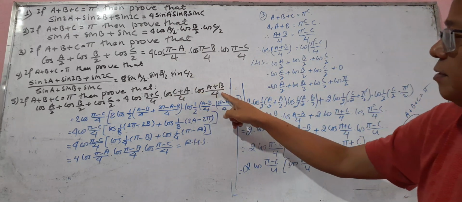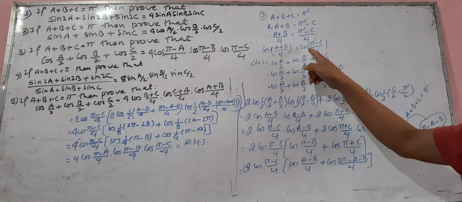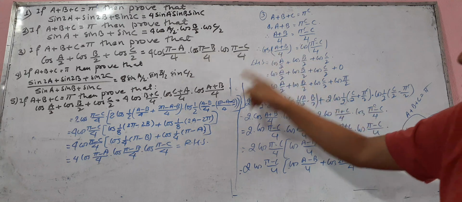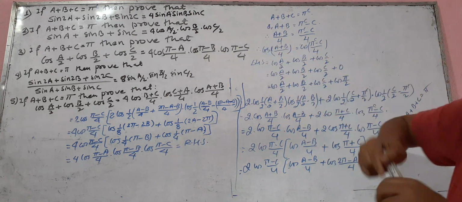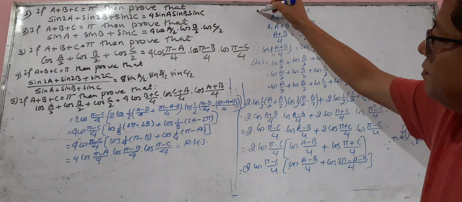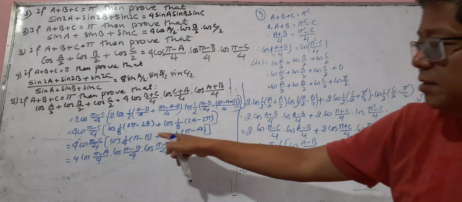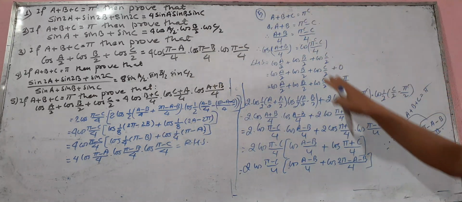Cos (a plus b)/4 can be replaced by cos (pi minus c)/4, and same thing. So right here, question number 5. Before you look at question number 3, all this procedure. Now question number 5, same procedure.